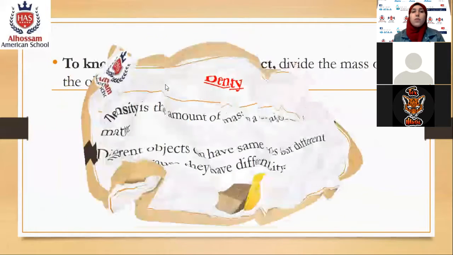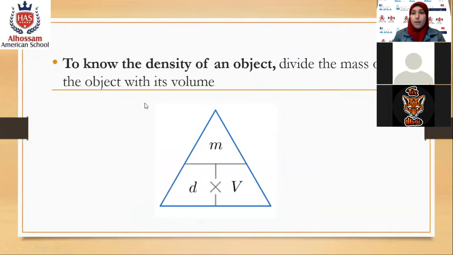Now, we have an equation to know the density of an object. To know the density of an object, we have to divide the mass over its volume.